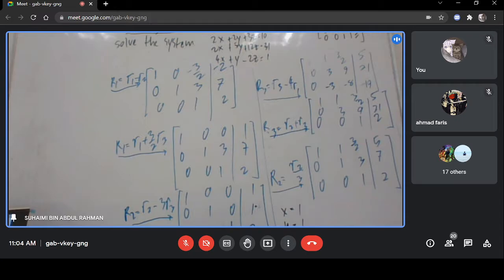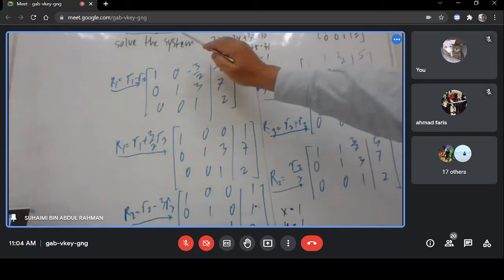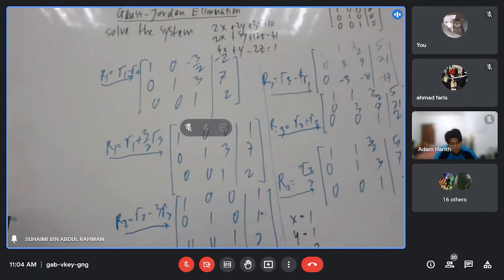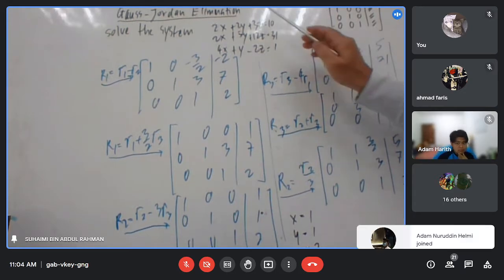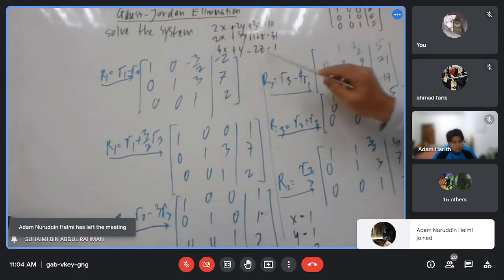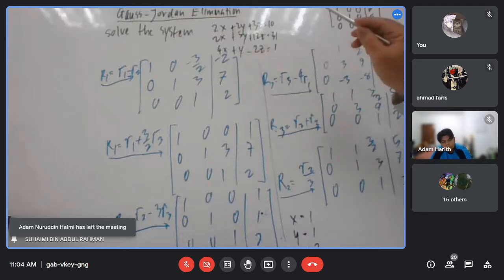We continue. Remember that yesterday we stopped at the use of the Gauss-Jordan elimination method. I said that it is an advanced method compared with Gaussian. The example that I gave yesterday is to solve the system here.